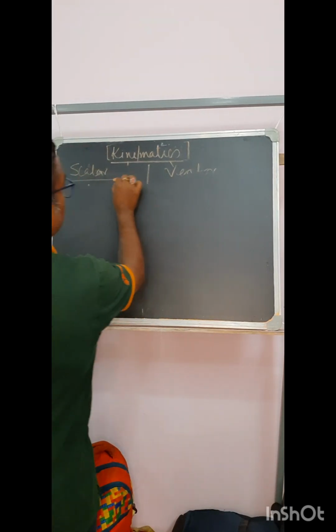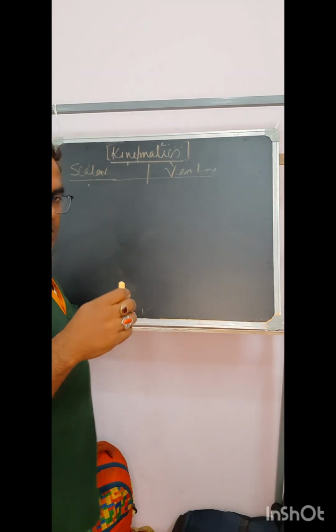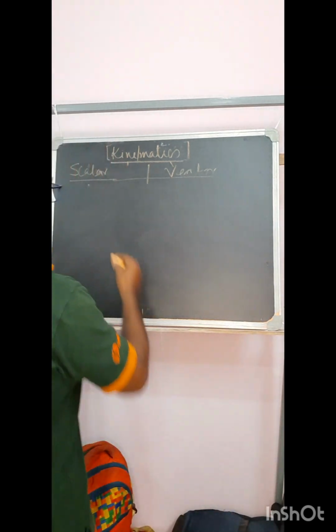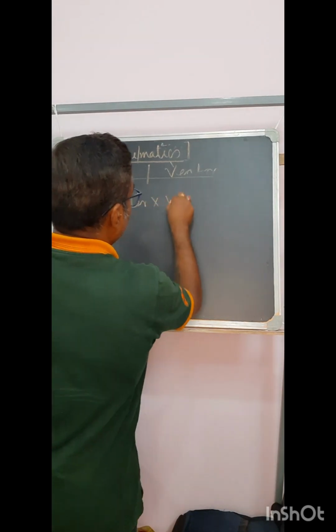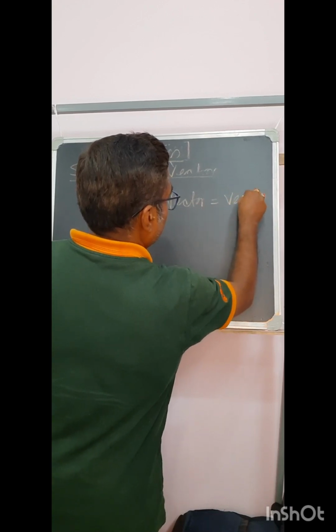As you know, there are scalars and vectors, so sometimes they have to be calculated together. When a scalar is multiplied with a vector, it's always a vector.